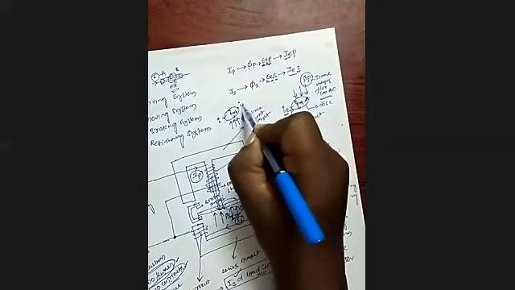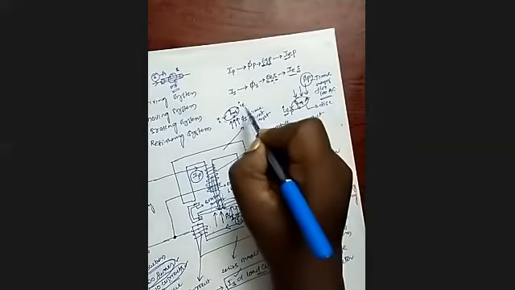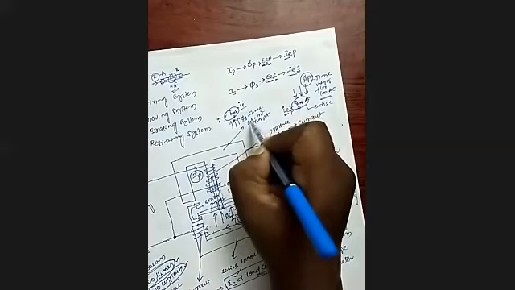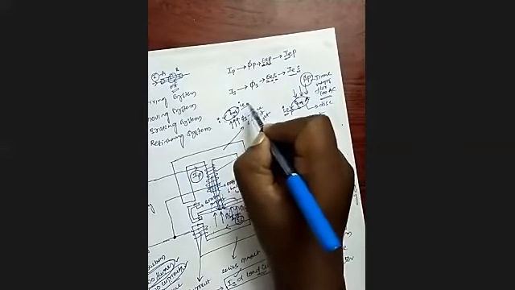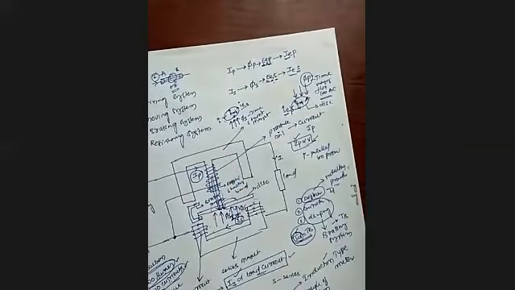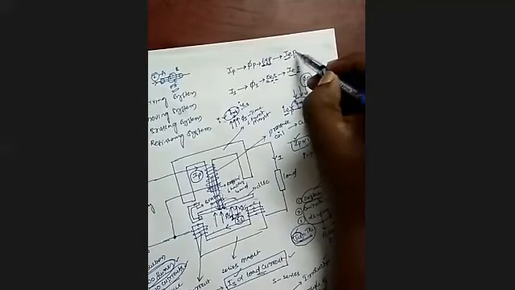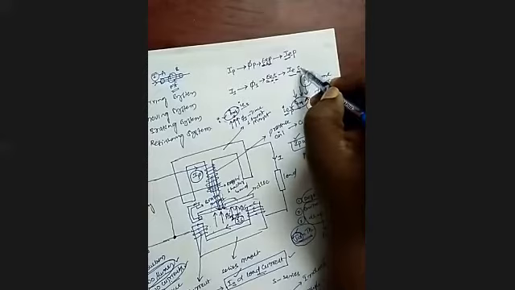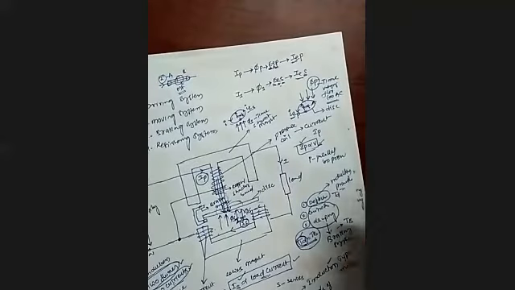These currents are known as eddy currents, represented by IE, I for current, E for eddy. This eddy current is produced because of the series magnetic flux, so it is known as IES. So this is the eddy current produced because of the pressure coil flux, and this is the eddy current produced because of the series coil flux.